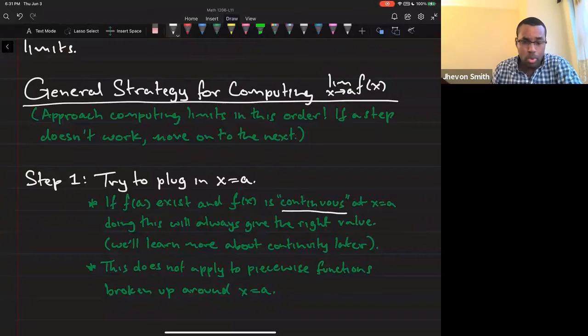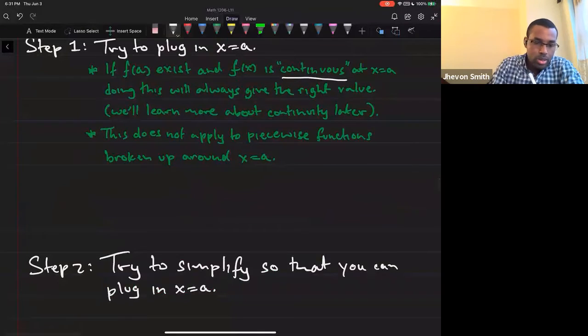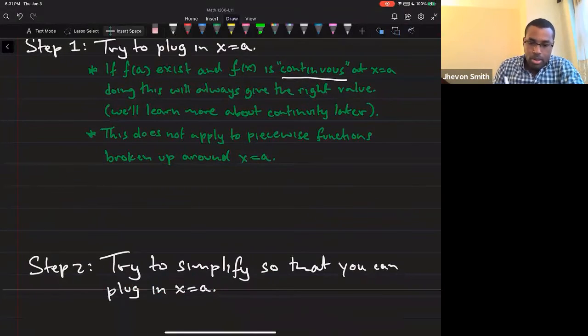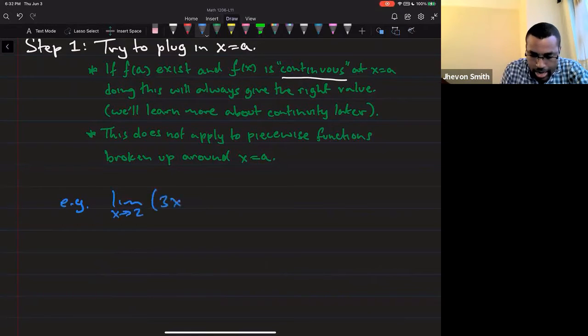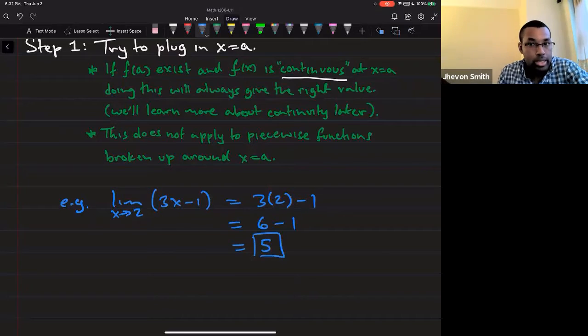So that's step 1. We've seen an example where step 1 can work, right? The example was, what was the limit as x approaches 2 of 3x minus 1? And we saw that the answer was 5. I could literally just plug in the limit, and 5 would be the answer.